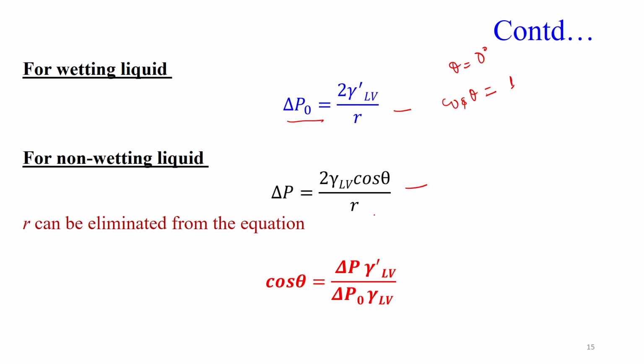So, we end up with cos theta is equal to delta p into the surface tension of the wetting liquid divided by delta p naught into the surface tension of the non-wetting liquid. So, in this method, if you can experimentally measure the delta p, then using the Young-Laplace equation you should be able to calculate the contact angle.